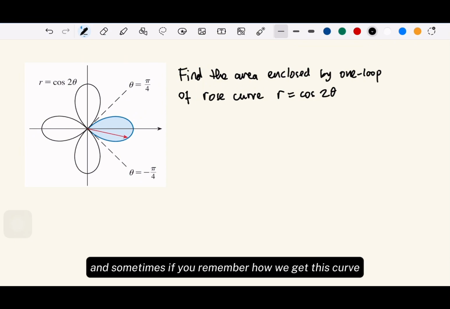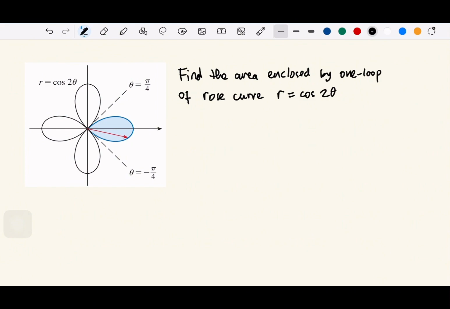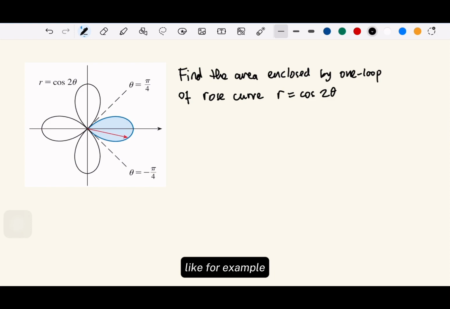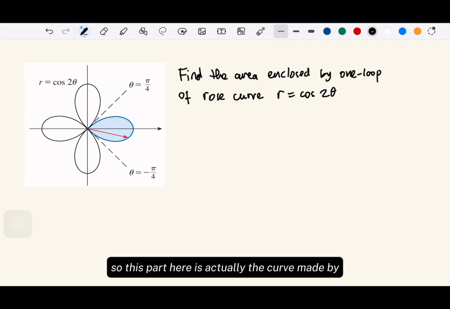And sometimes, to avoid mistakes, my suggestion, because at a certain point this cosine has a negative value, right? For example, we start from here and it goes here, so this part is actually the curve made by this angle.